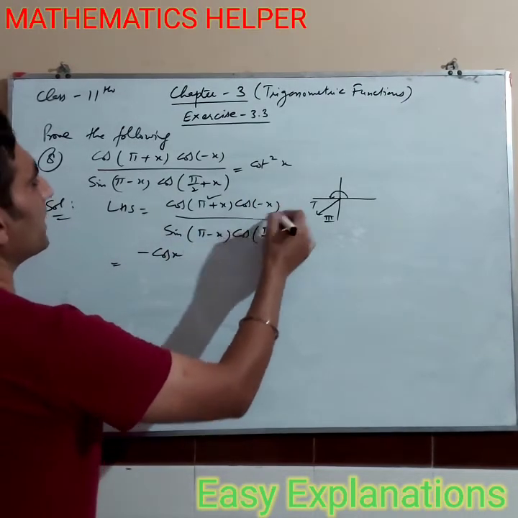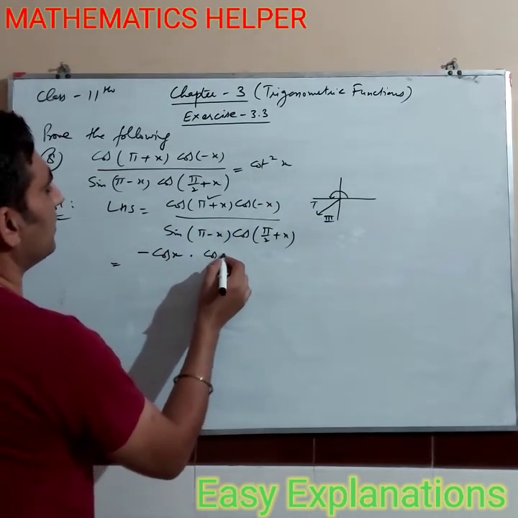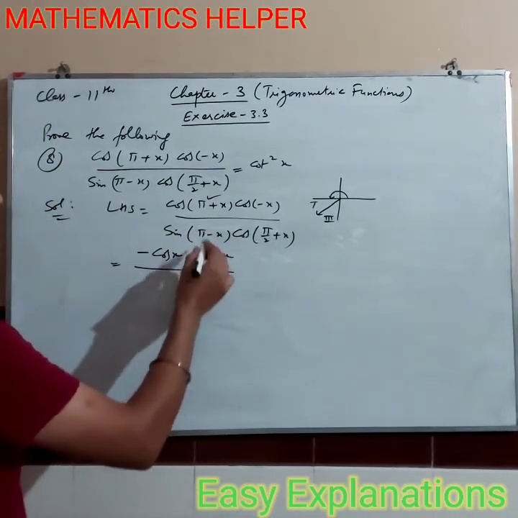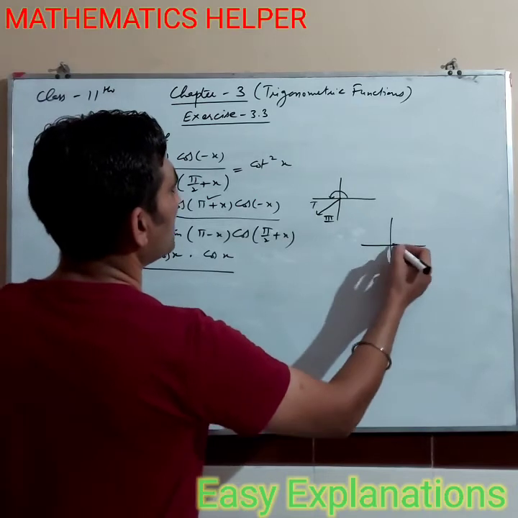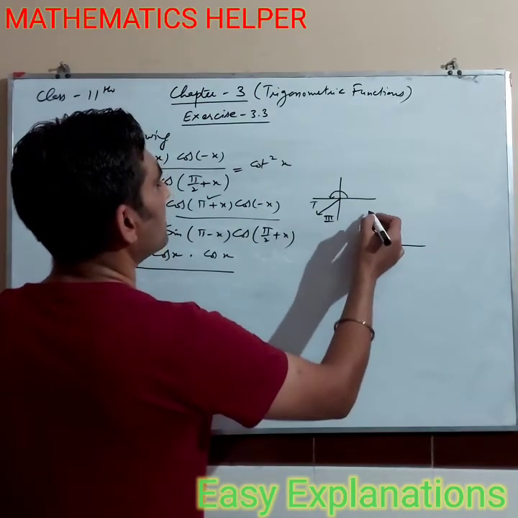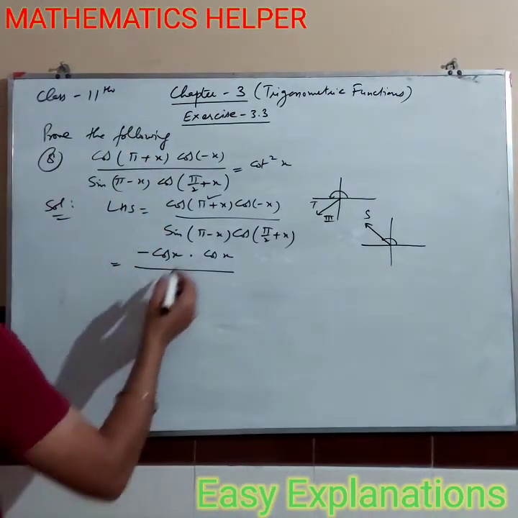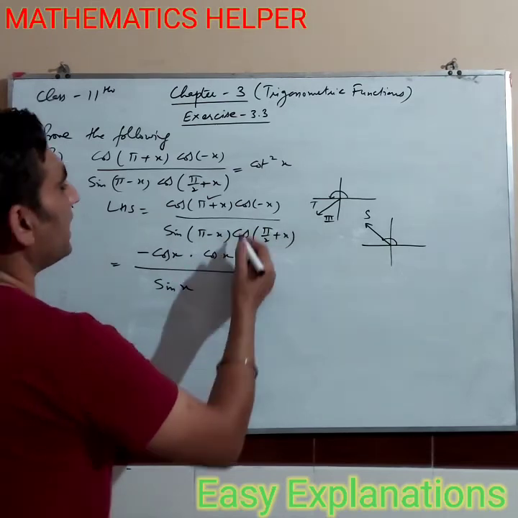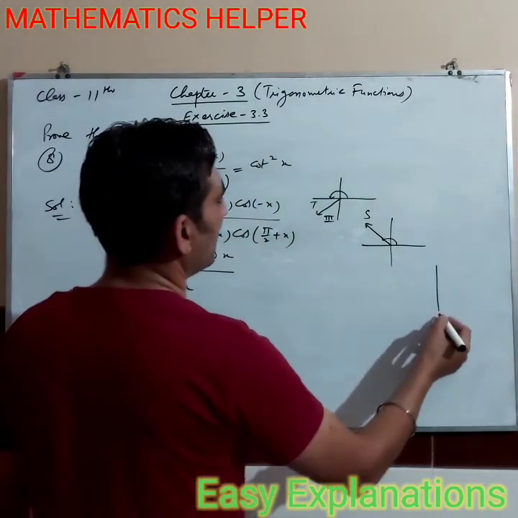Then cos of minus theta is cos theta only, meaning cos x, over sin(180 minus x). Sin(180 minus x) will lie in second quadrant. Sin in second quadrant is positive, so it will be sin x only. And cos(90 plus x)?